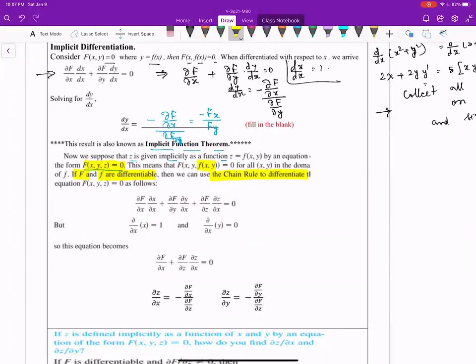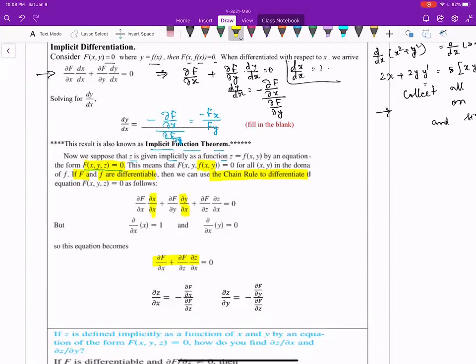So you get dou F by dou x plus dou F by dou z times dou z by dou x equal to 0. By that, what I mean is if you write F of x, y, z equal to 0 and take the partial derivative with respect to x, then dou y by dou x here would be 0, and dou x by dou x will be equal to 1.